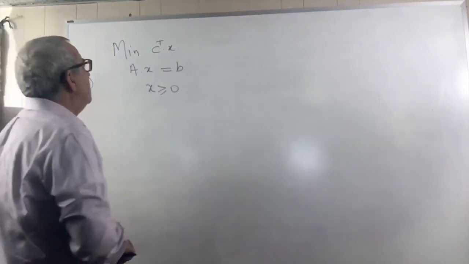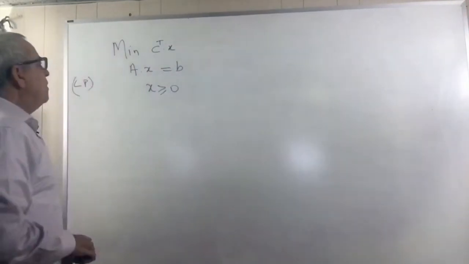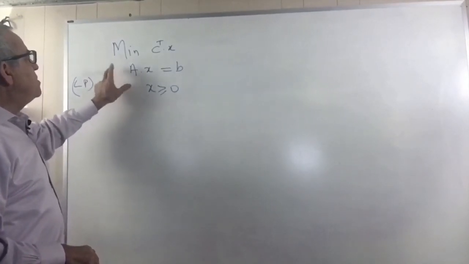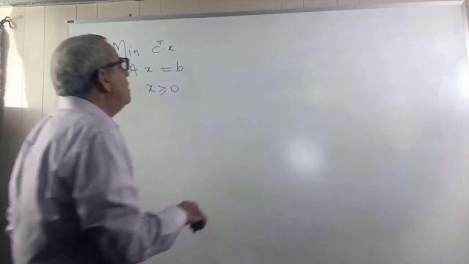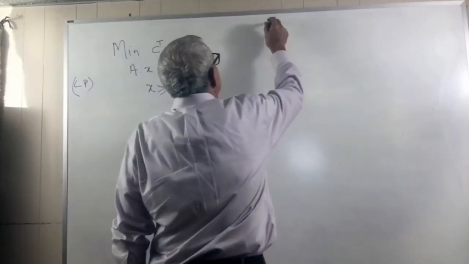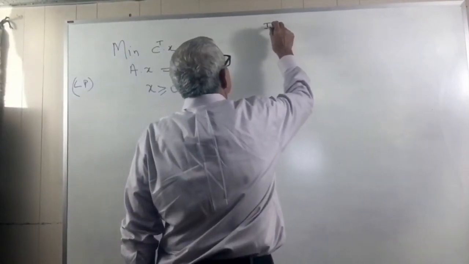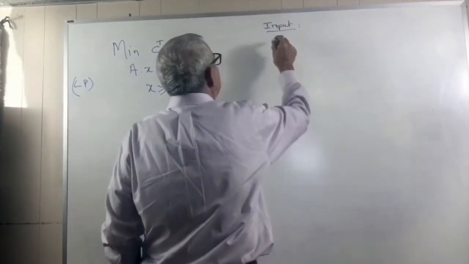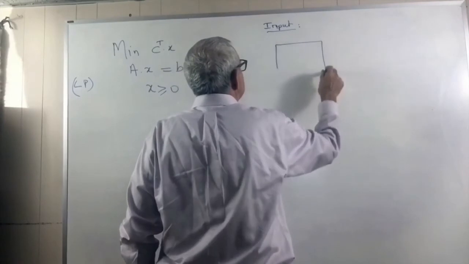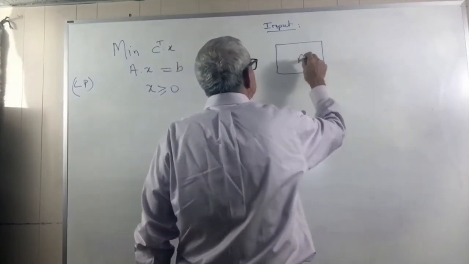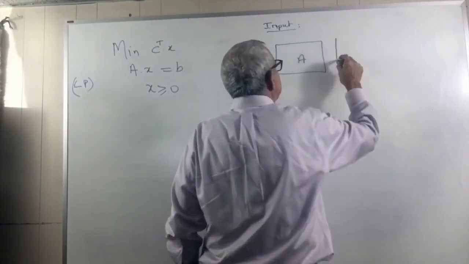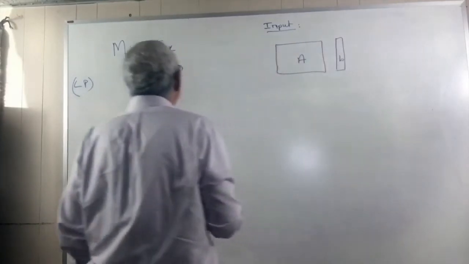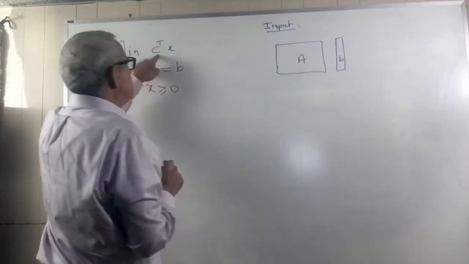In order to use the simplex algorithm, we need to have a simplex tableau for this. So let's say, input. What's our input? Our input is the matrix A, the right-hand side B, and I'm going to put this objective function in the equation.